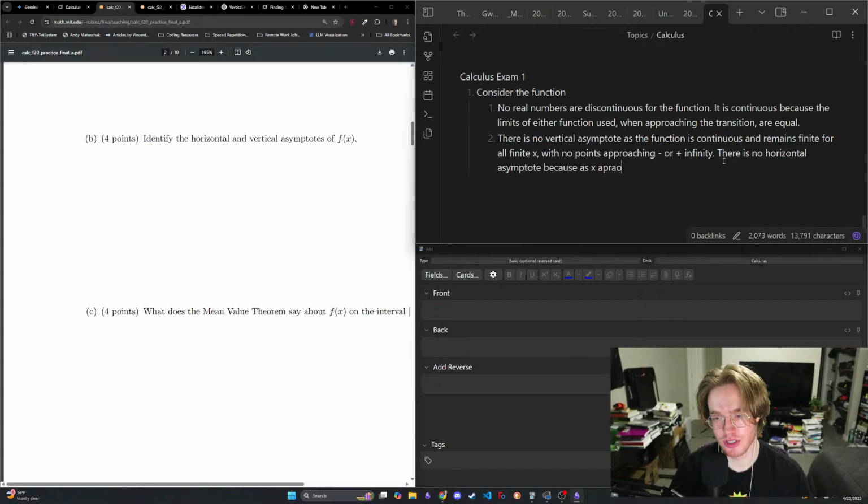As x approaches negative or positive infinity, y also approaches negative and positive infinity.